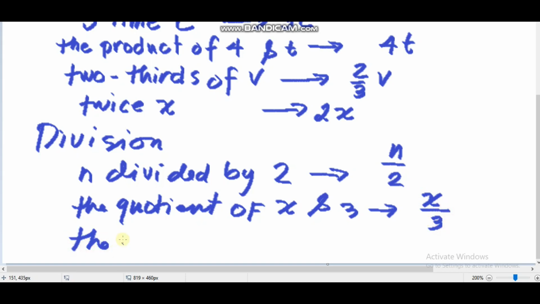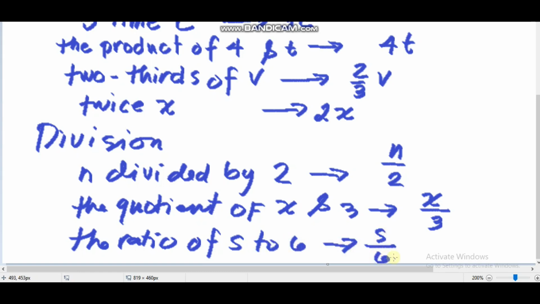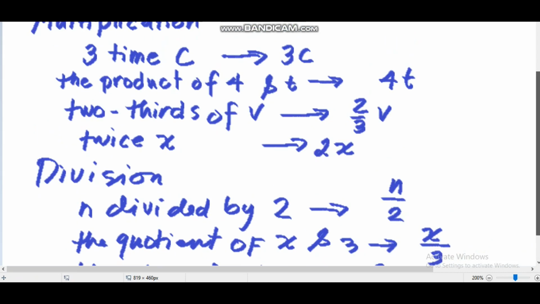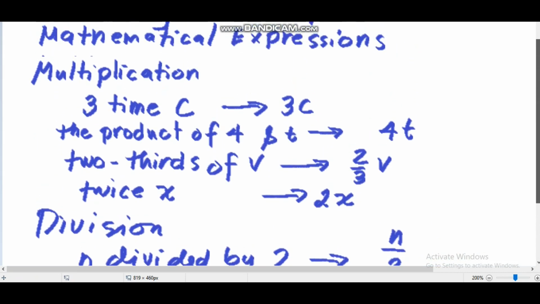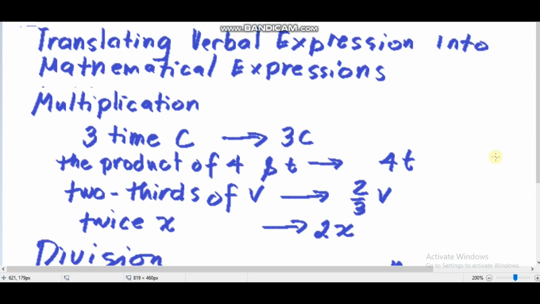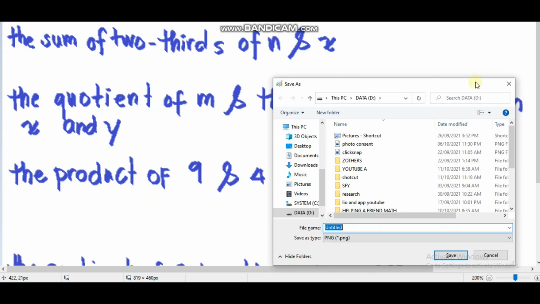Lastly, the ratio of s to 6, that is s over 6. Okay, so this is for division. This is how you translate a verbal expression into a mathematical expression for division and for multiplication.